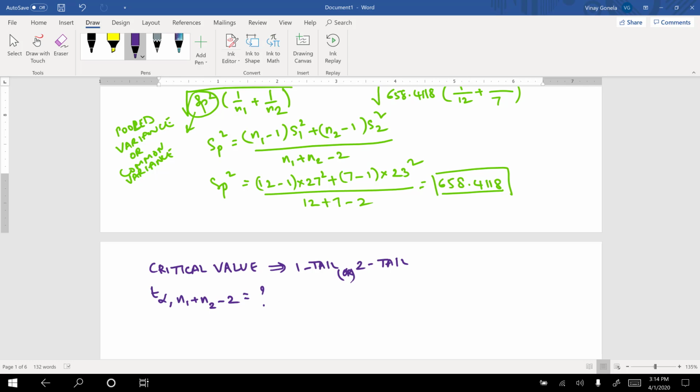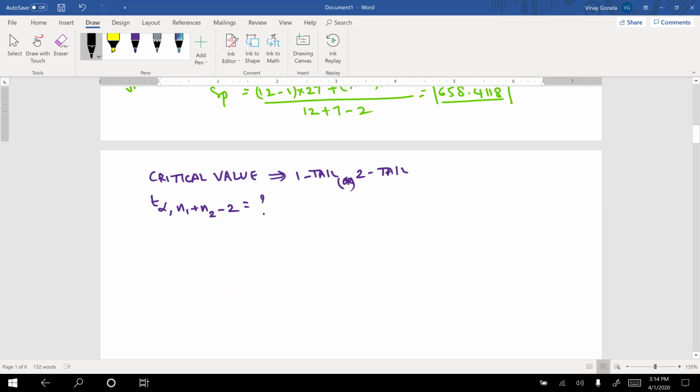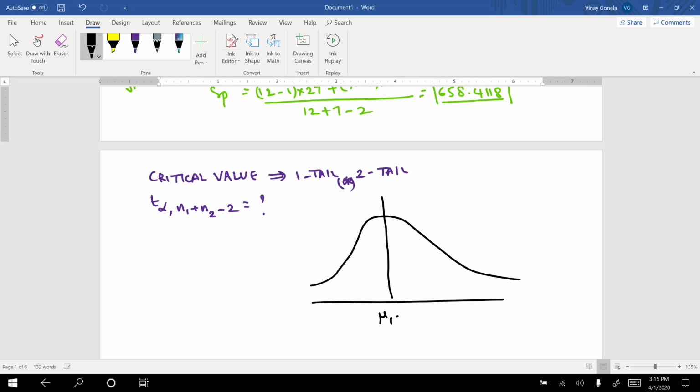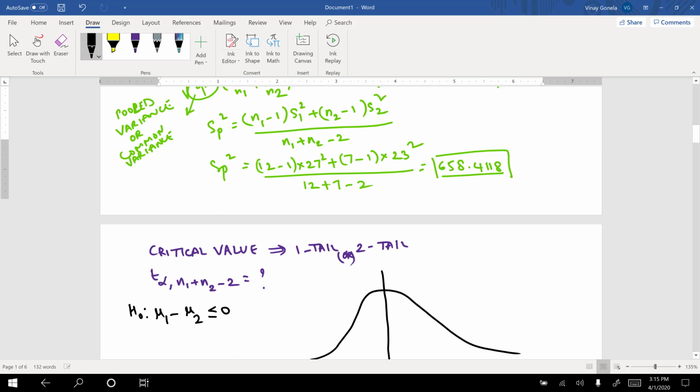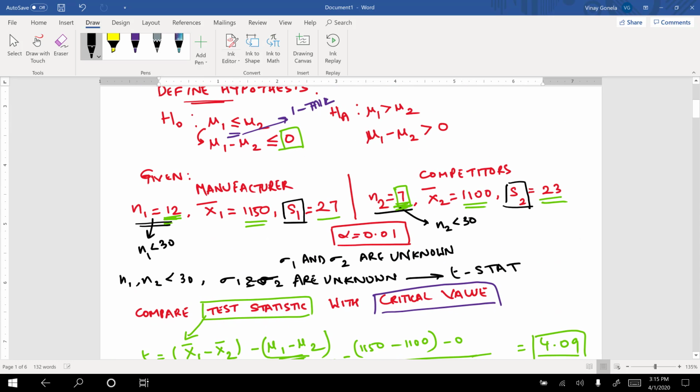Let me show how our hypothesis will look on a normal distribution curve. Here is our normal distribution curve, and this is mu1 minus mu2 equal to 0. Our hypothesis is mu1 minus mu2 less than or equal to 0.